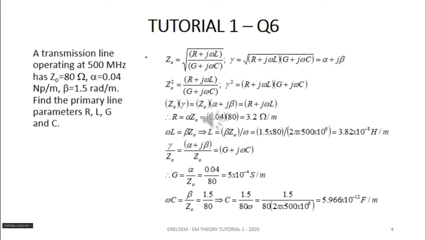Now omega C is the imaginary part of gamma over Z0, which is equal to beta over Z0, and that is 1.5 over 80, and therefore C is simply 1.5 over 80 divided by omega. And therefore from there you find that your C is 5.966 times 10 to the minus 12 farads per meter.